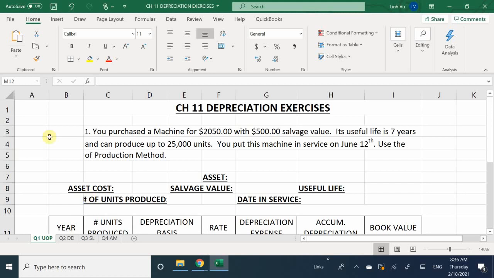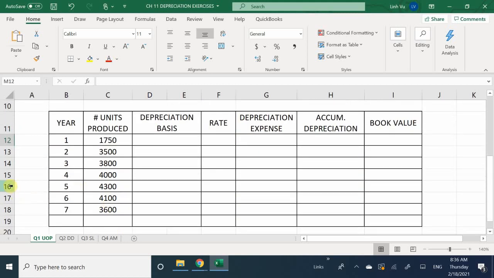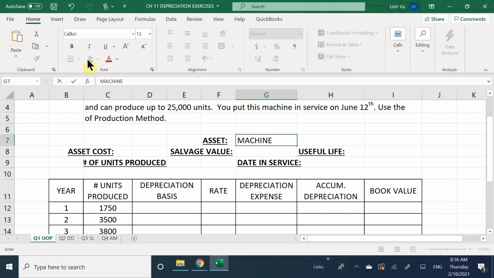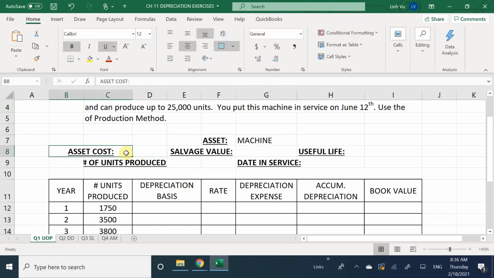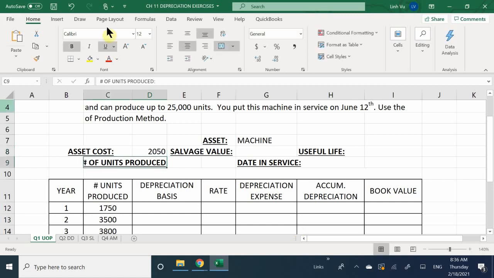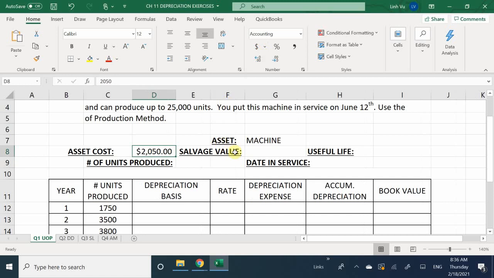So, as you can see, assuming that we're going to be doing our adjustments at the end of the year, let's go ahead and fill out our information. What did we buy? A machine. How much did it cost me? 2050. How much is my salvage value? 500.